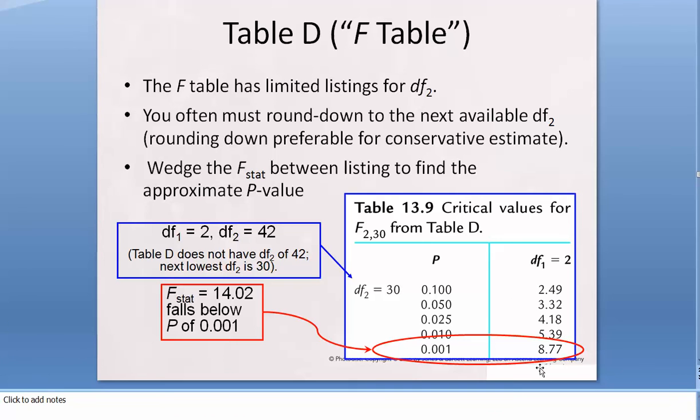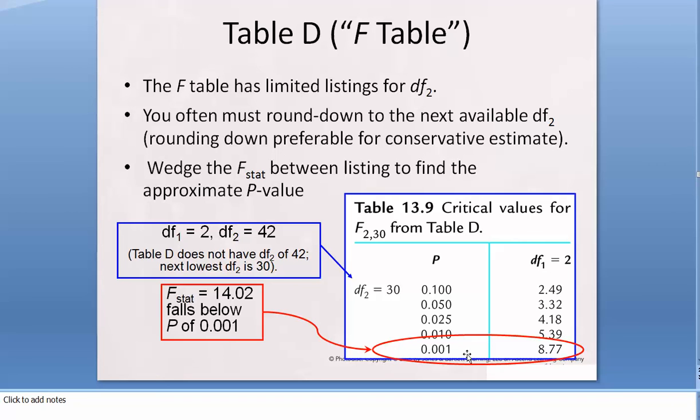I think the table goes as far as in here. If you look in here, 8.77 has a right tail of p equal to 0.001, and 14.02 on the x-axis will be much to the right of 8.77, so the p-value will be much smaller than 0.001.